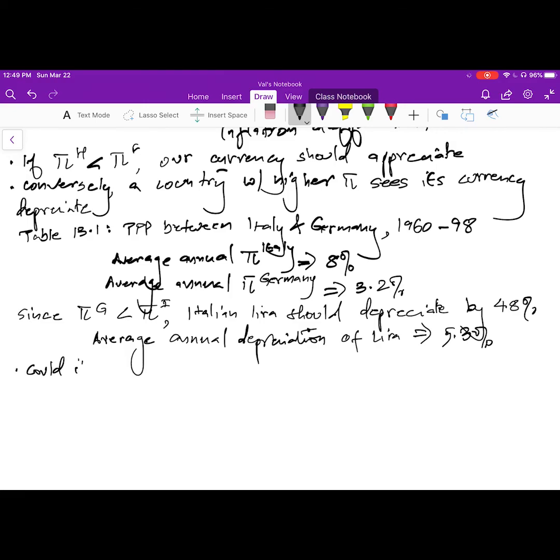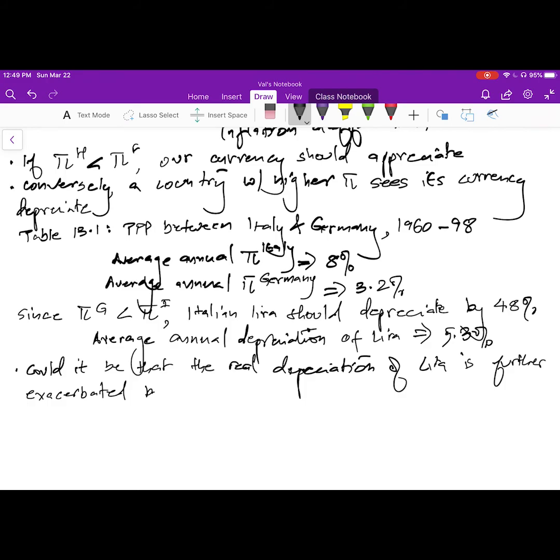Could it be that the real depreciation of the lira is further exacerbated by an even greater inflation differential with respect to another trading partner?